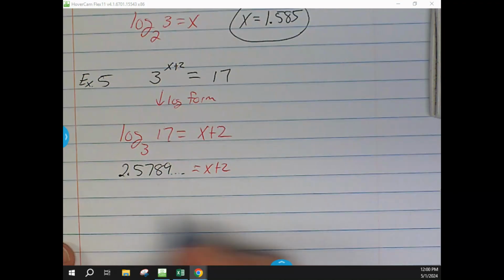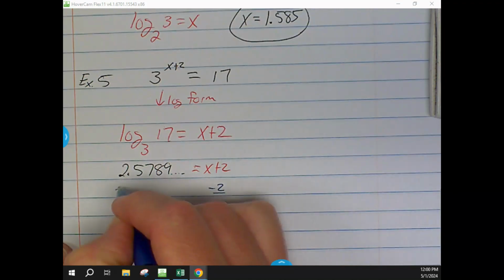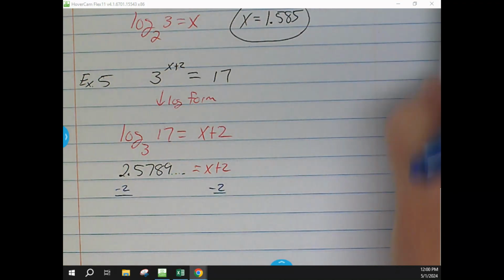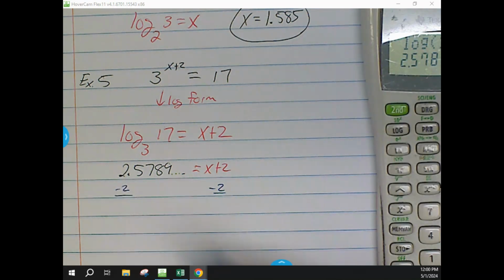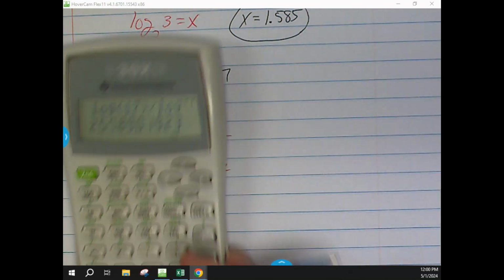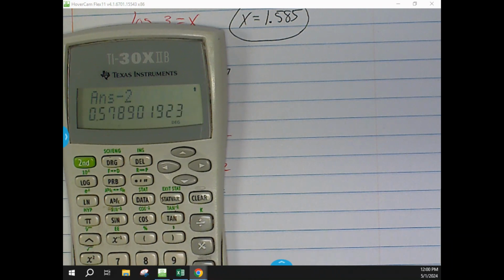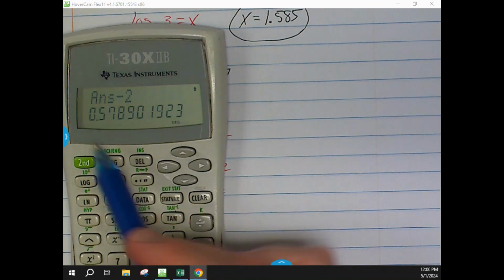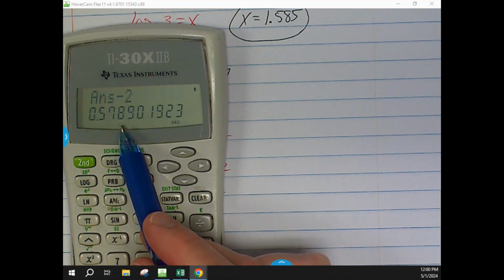You've got to solve this thing. So then you just need to subtract 2 from both sides. And again, you don't necessarily have to write that one down, but I'm just kind of showing you it's there. You're going to take that answer and then subtract 2, and then that's going to be the final answer we're looking for. So 0.5789. If we go 3 decimal places, 0.579.